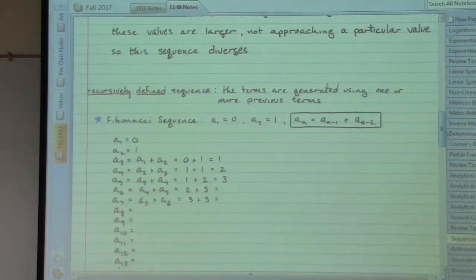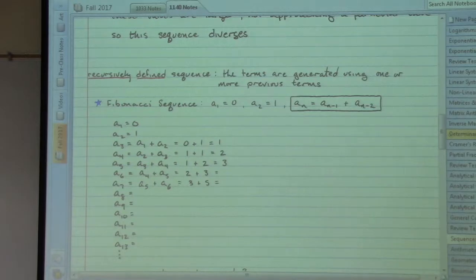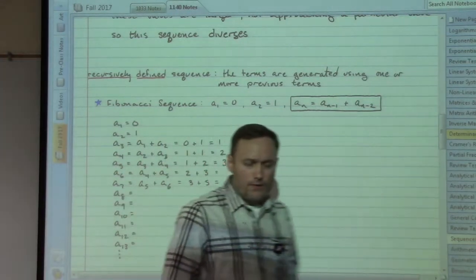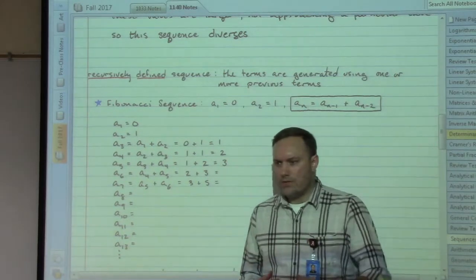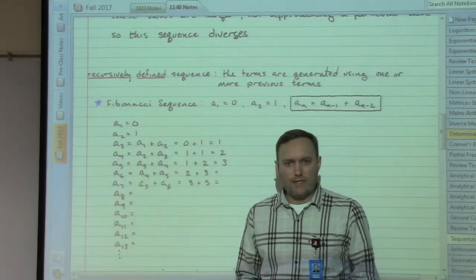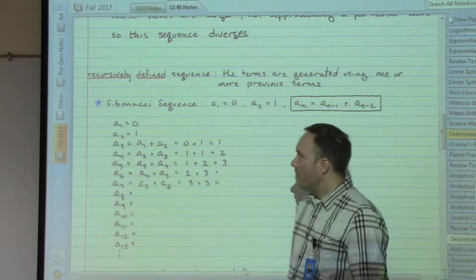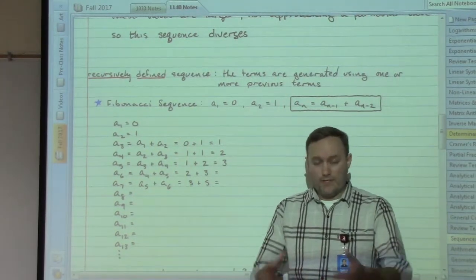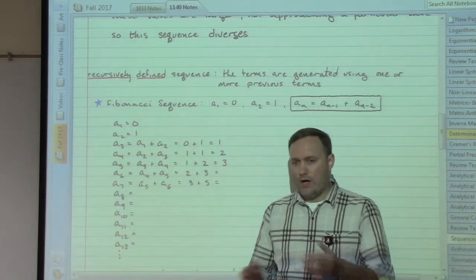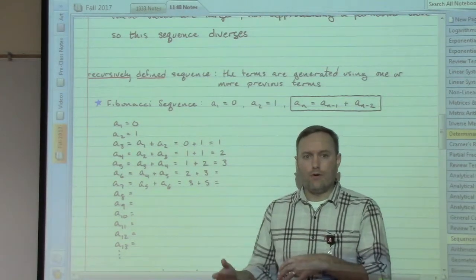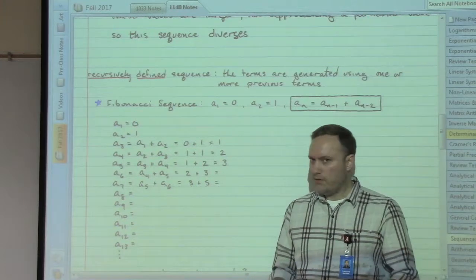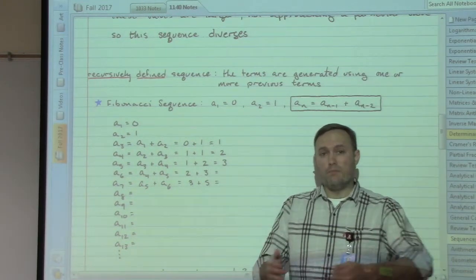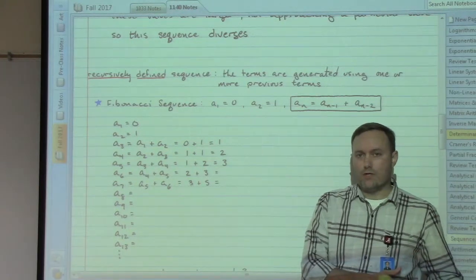Now, the second kind of sequence that we have, other than the explicitly defined, the one that most closely goes along with our algebra basis of functions, would be one we call recursively defined. That means, by saying recursively, that it calls back to other terms, could be one, could be several, to build future terms.